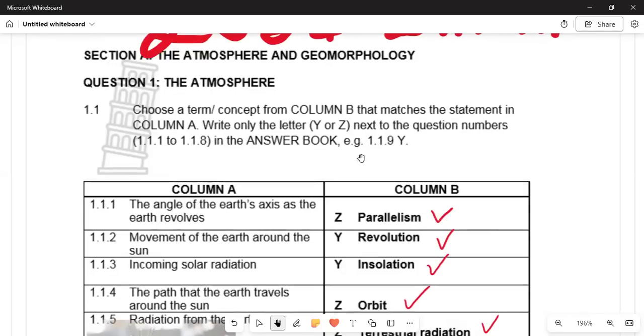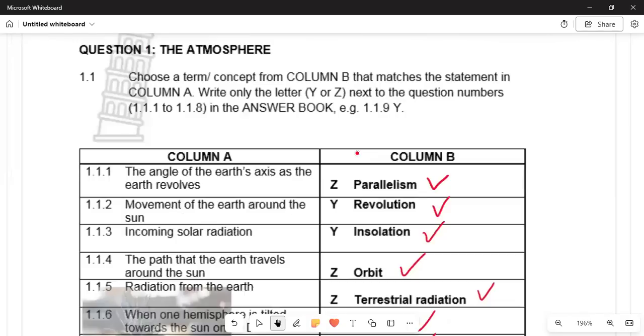Here we are given statements in column A. In 1.1.1, the angle of the Earth's axis as the Earth revolves is parallelism, because it is parallel as it is moving on. In 1.1.2, the movement of the Earth around the Sun is called the revolution.